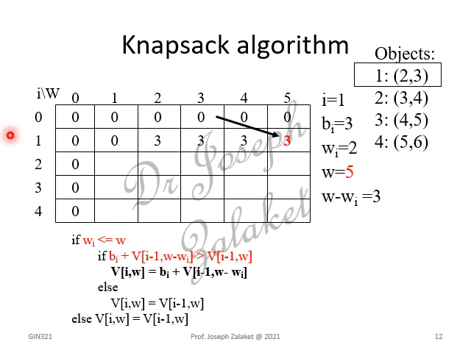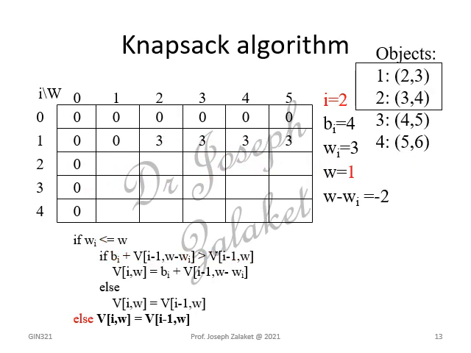Now I will increment i to be equal to 2 to start with this row. So we'll work with the second object, for which we have a benefit which is equal to 4, and the weight of the object is equal to 3. Okay, the weight of the object is equal to 3, so if we come here for W equal 1, nothing will change.